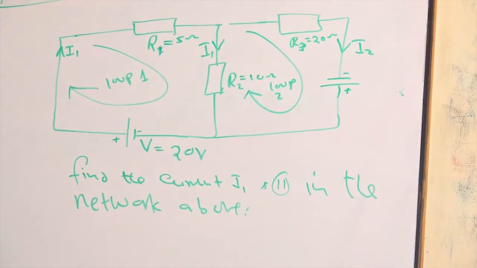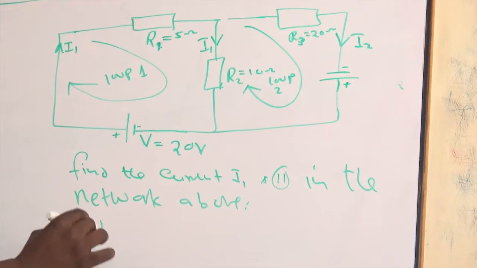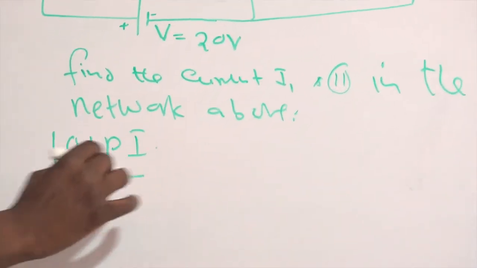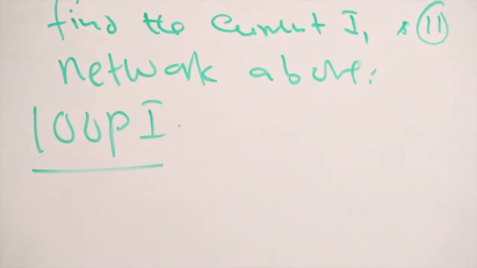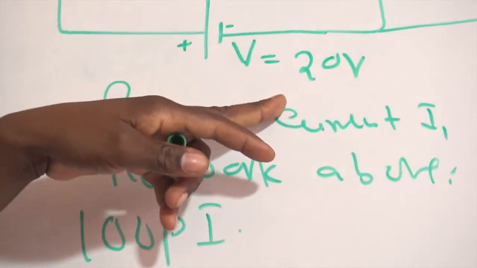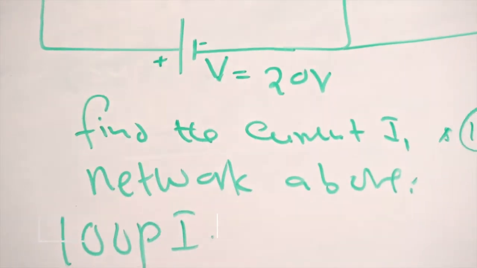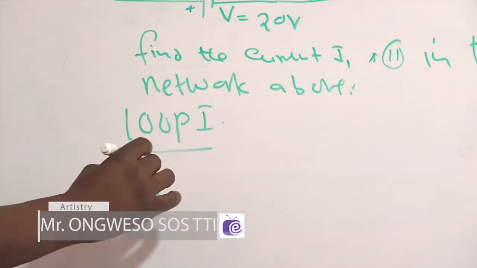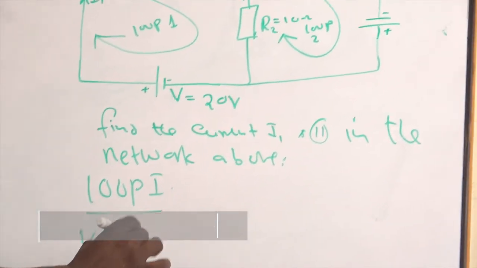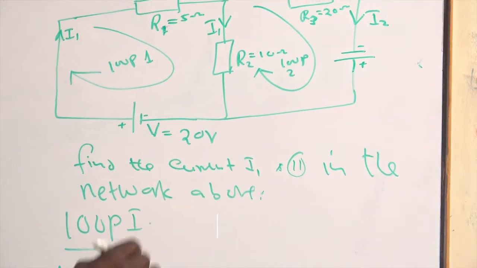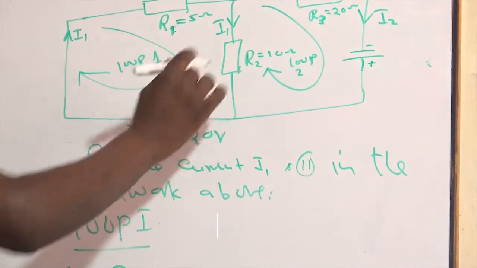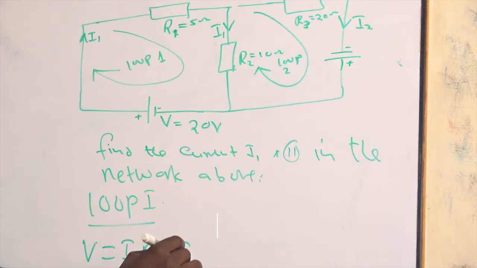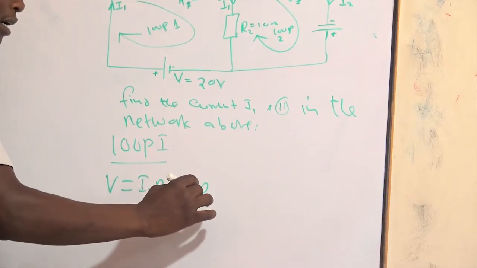If you consider loop 1, it has a source of EMF V. So V is given by the voltage drop in this circuit, I1 R1 plus I1 R2.